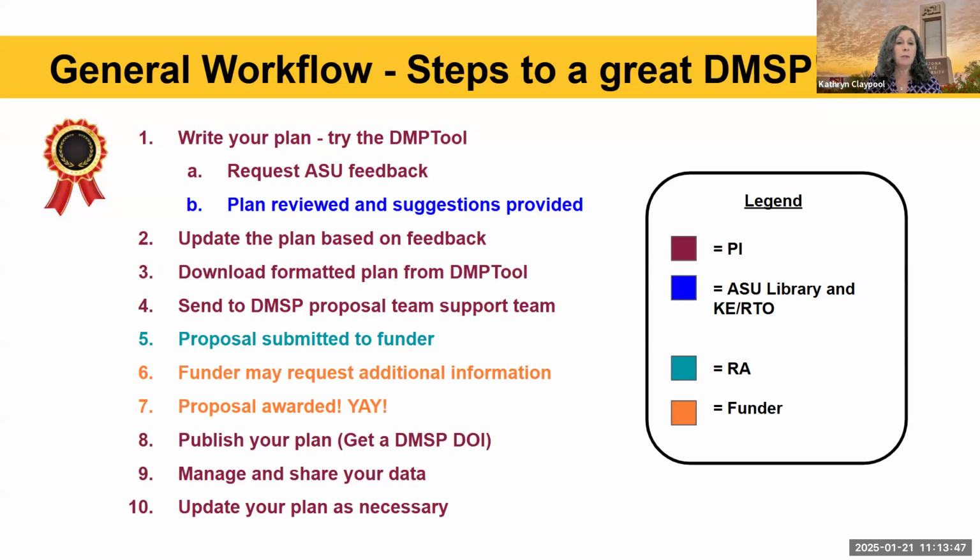In the tool, you can request feedback from us, being the Research Technology Office or Research Data Management Office, as well as the library. Then in bright blue, you'll see that we'll review the plan and provide suggestions. And then you'll have to, as a PI, update the plan based on the feedback. But you can also download your plan from the DMP tool and send that to your proposal team.